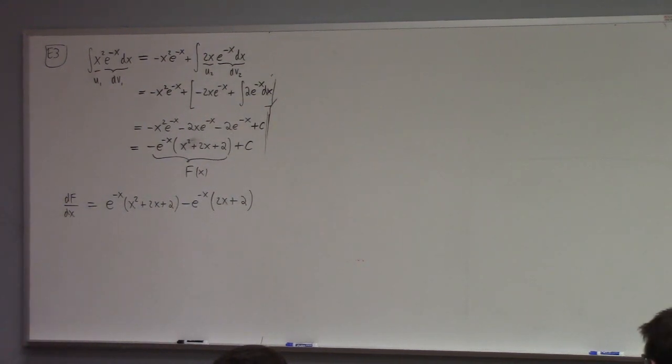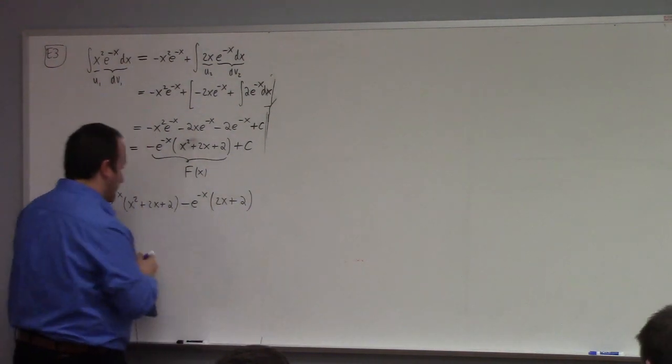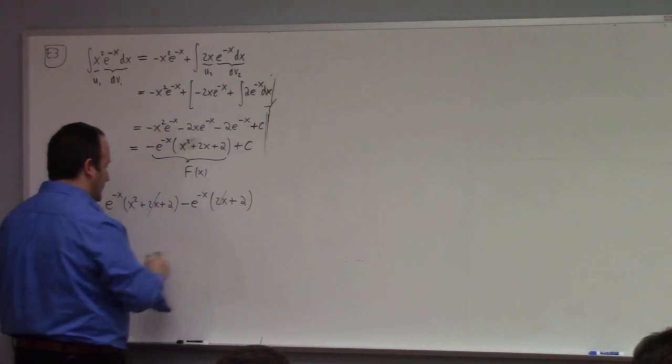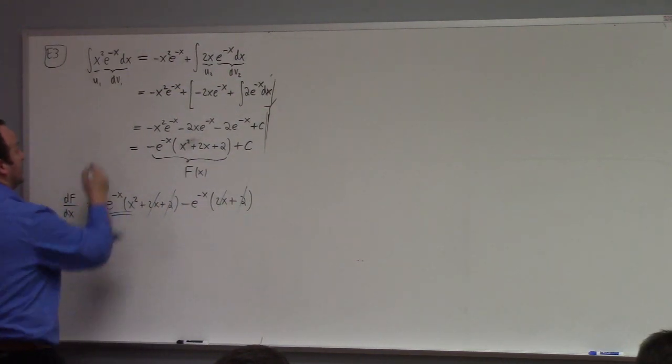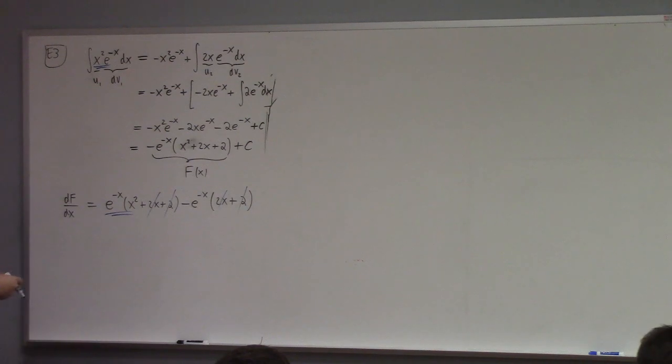And what happens there is this 2x cancels that 2x, and this 2 cancels that 2, and it just leaves me this, which is that. Hey, I didn't make a mistake. What do you know?